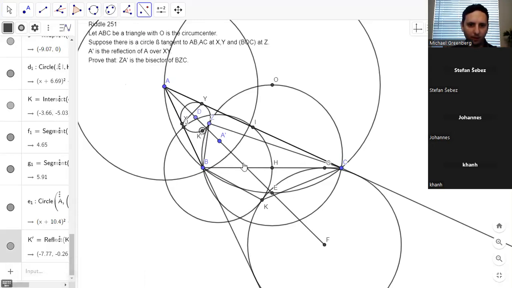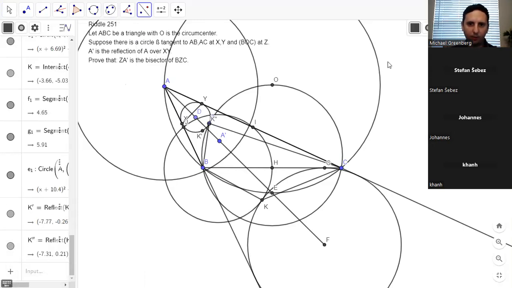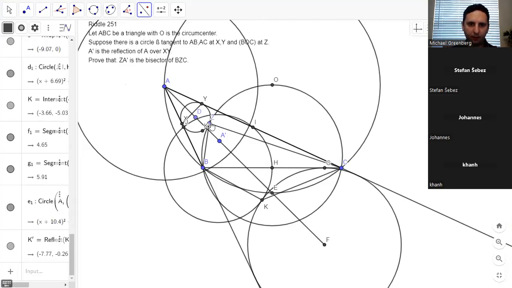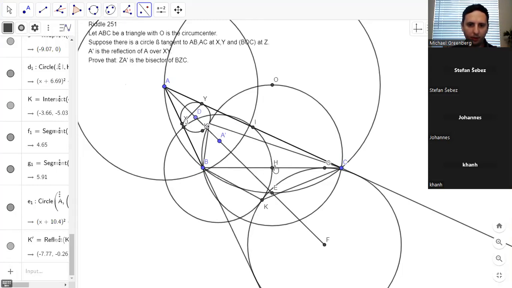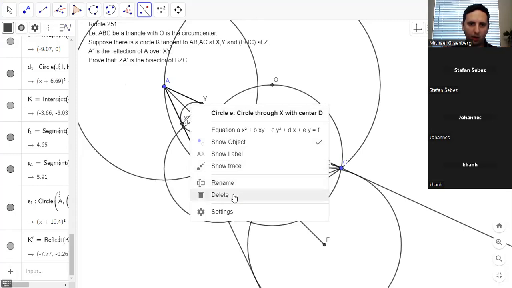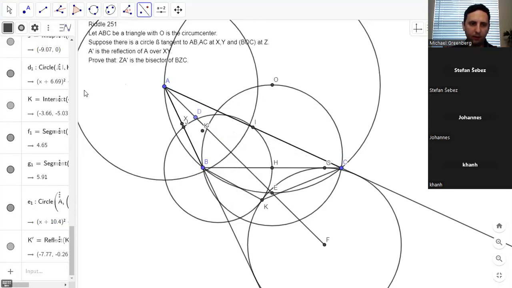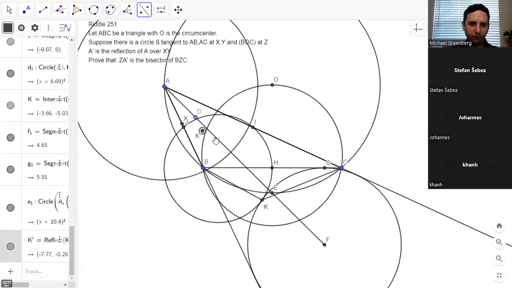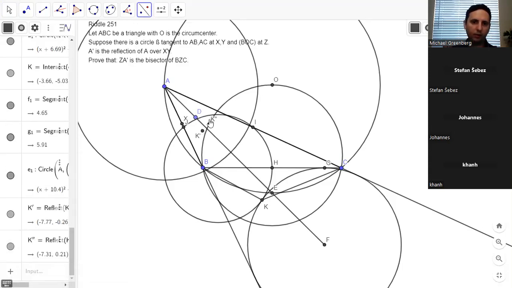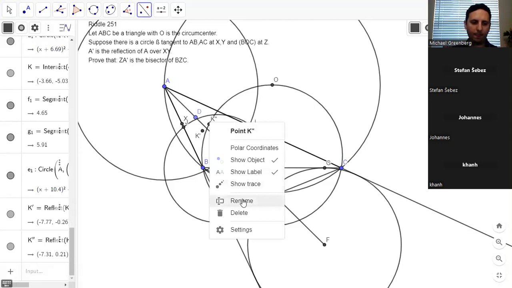Interesting. All right, so let me hide this Z prime. Actually, I could delete this circle. And if I reflect K over that line, then I would get what Z actually is. This should be Z.